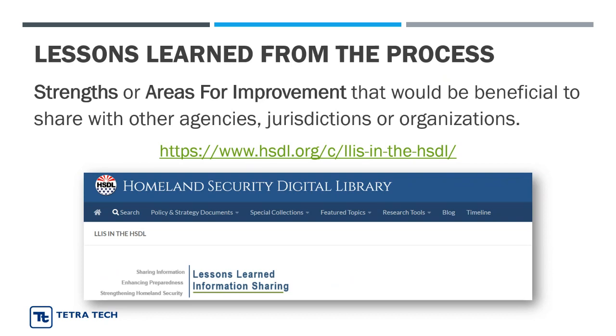You can do that through the Homeland Security Digital Library, which I believe is maintained by the Naval Postgraduate School. And there's a variety of lessons learned there. So don't forget to call out those lessons that you learned that other people will benefit from, and strengthen your community, your discipline, and your organization.